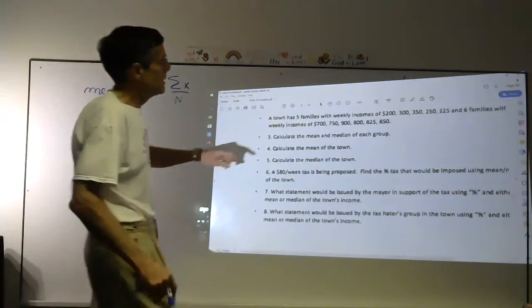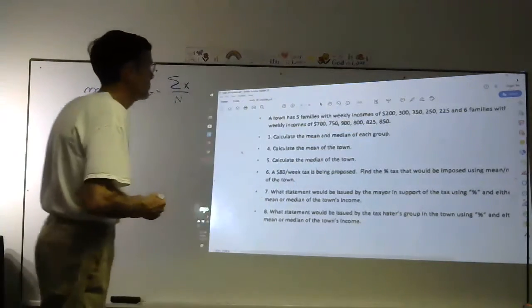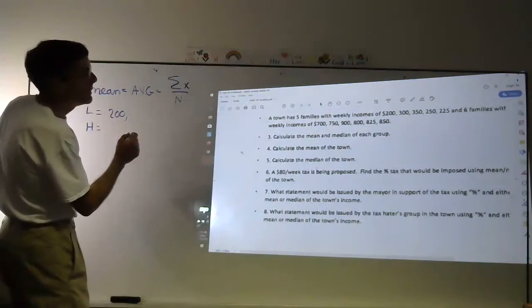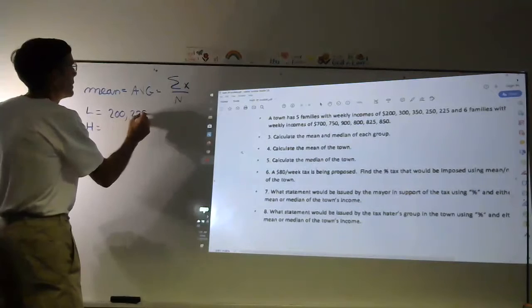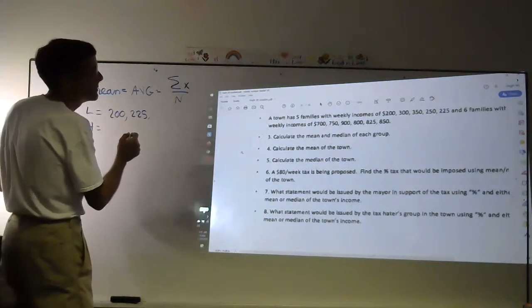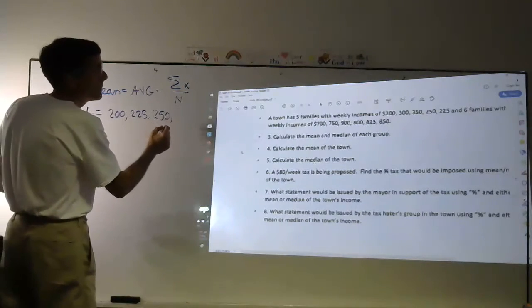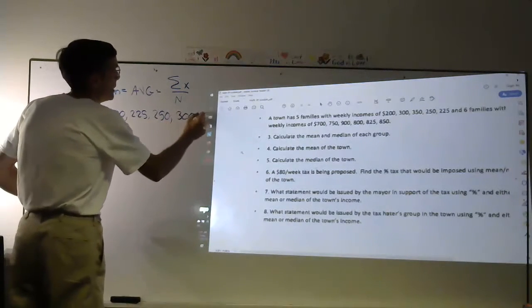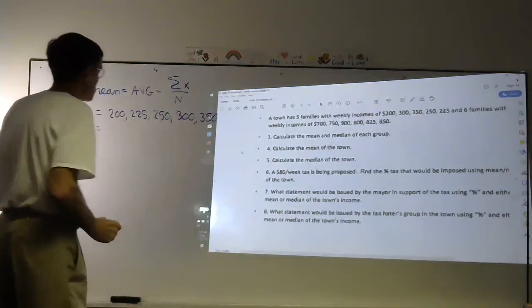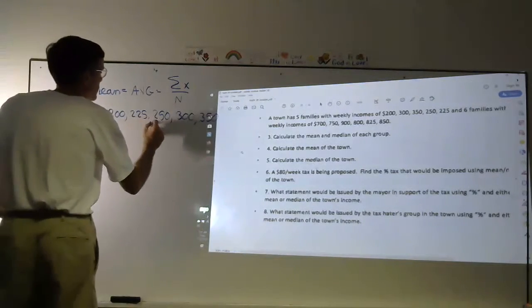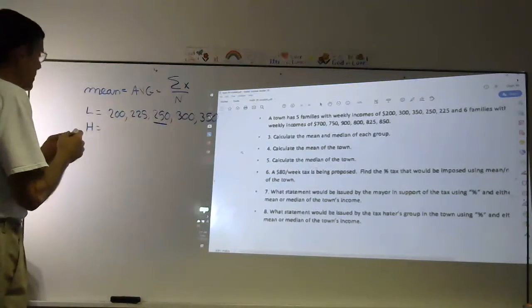So anyway, let's take the first one, 200 and 225. We need 5 of these. 300, nope, 250. 300 and 350. So with that information, you can see that 250 is the median. Let's add them up.